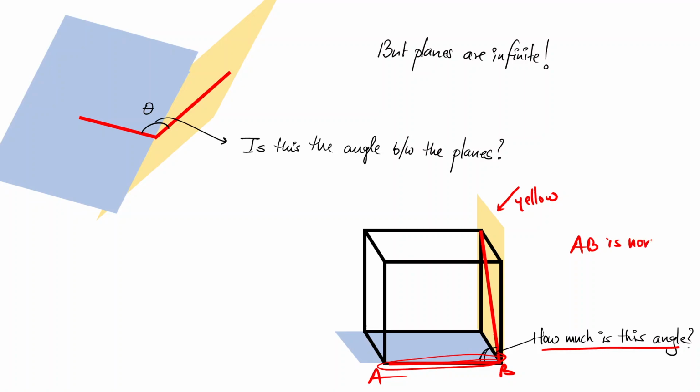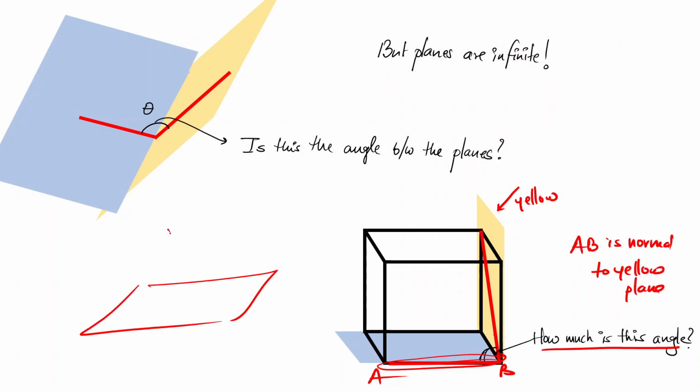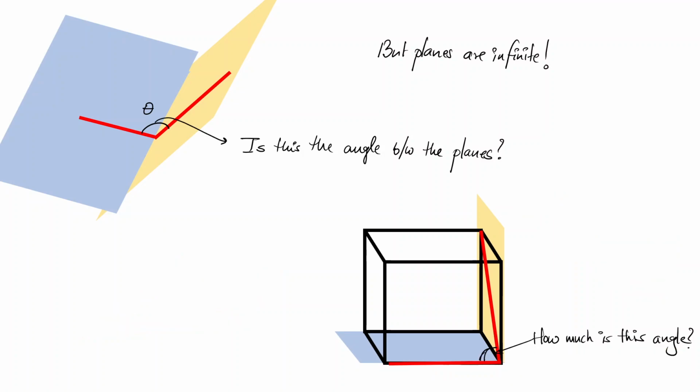AB is normal to the yellow plane. So suppose you have a plane and there is a normal to the plane, it will be perpendicular to any line on the plane, right? So that is the basic idea, and because of that this angle is still 90 degrees.